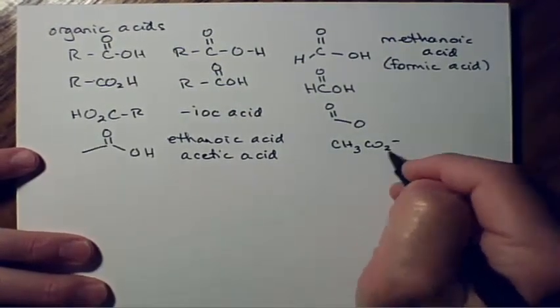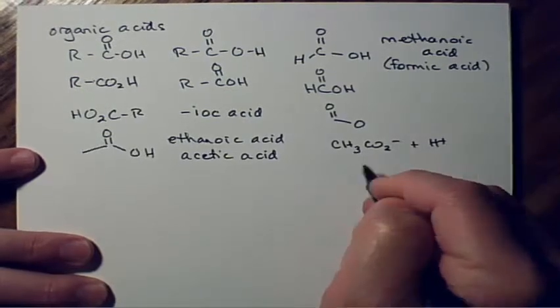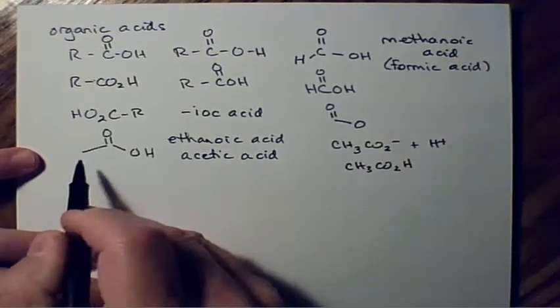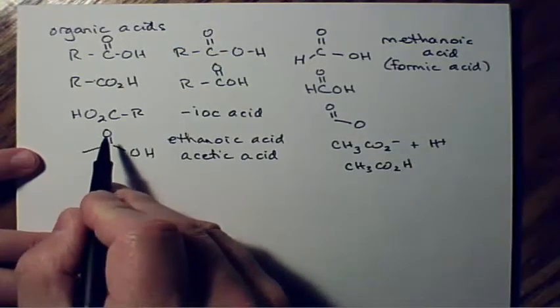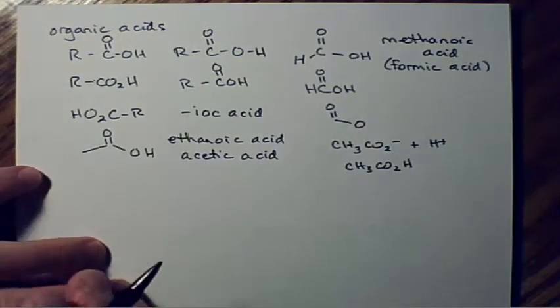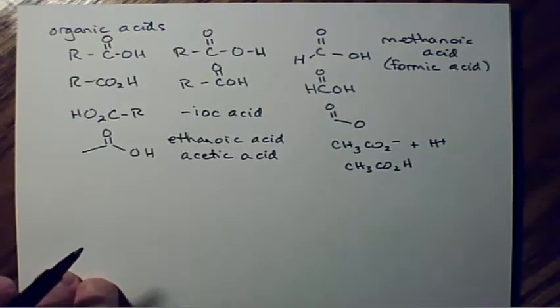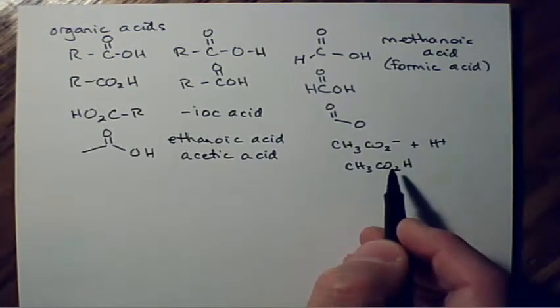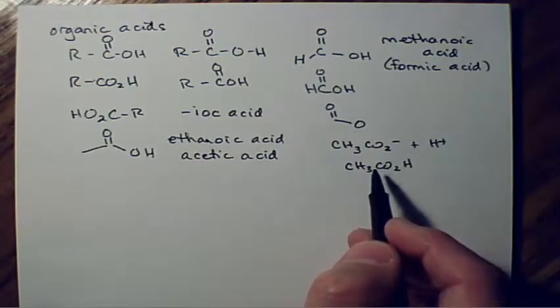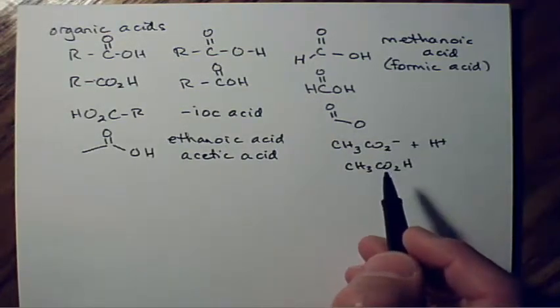If I put a hydrogen on there, you get CH3CO2H. So acetic acid is named as if it's a non-organic acid. You simply take the polyatomic ion name, which has an -ate ending, and put an -ic ending on it, to name it like an acid.